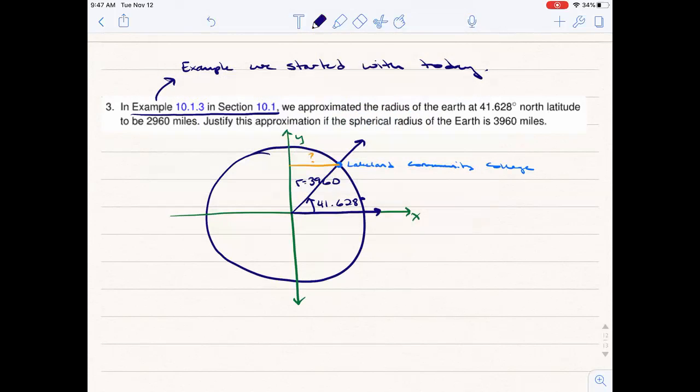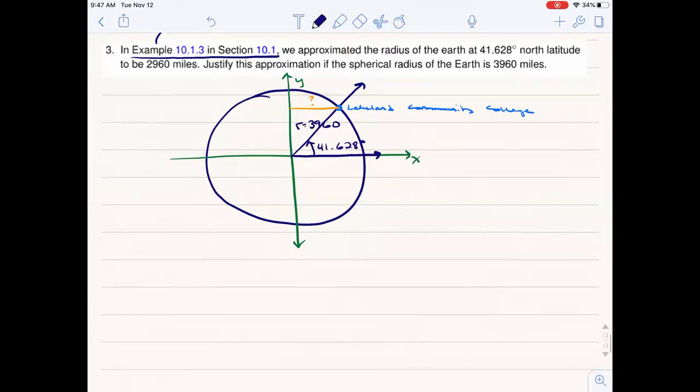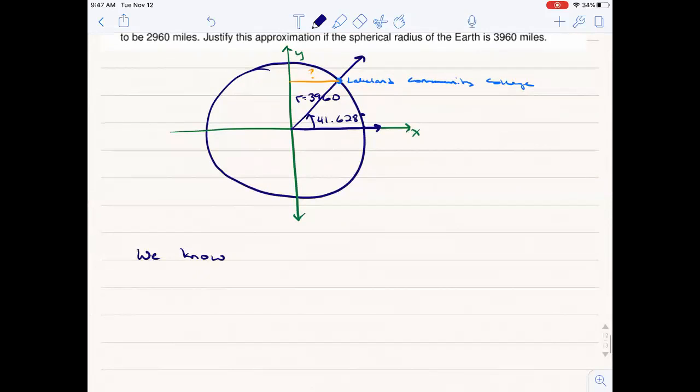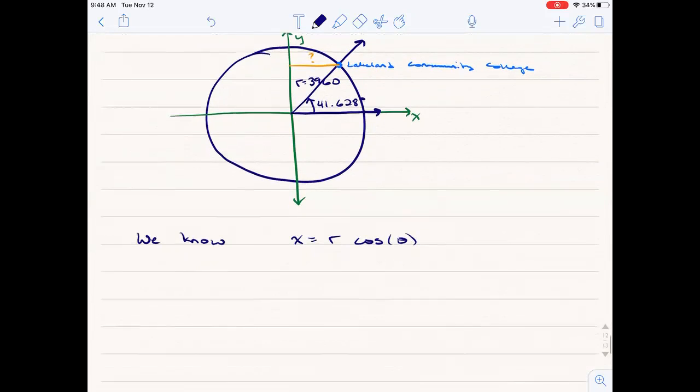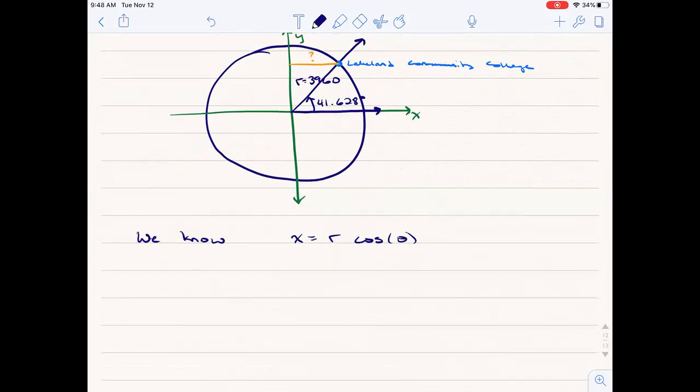So we know that X equals R cos theta. Theta in this case is in degrees, right? But we're able to find the cos of theta.